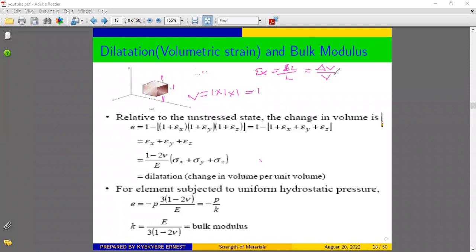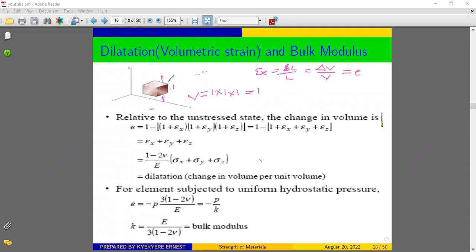The volumetric strain is represented with the symbol E, which is also called the dilatation. So first of all, we need to get the change in volume over the original volume.